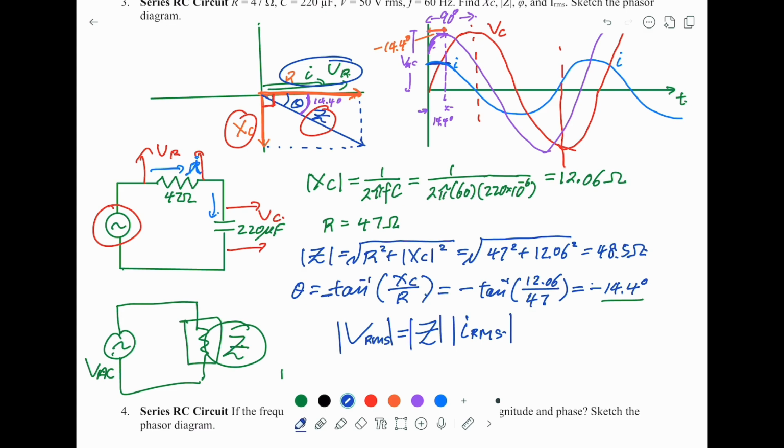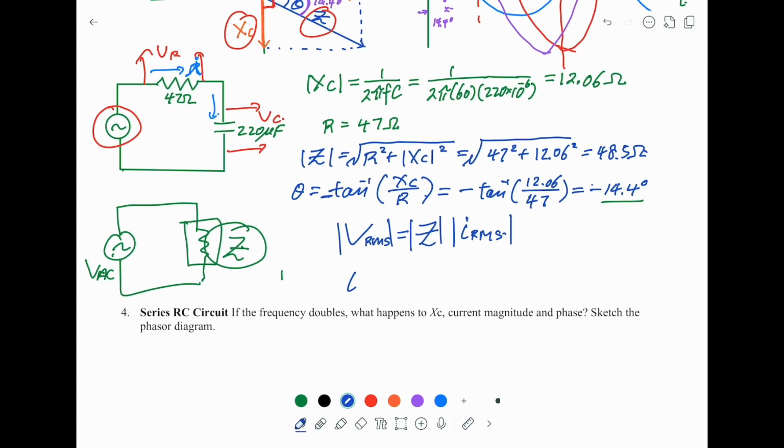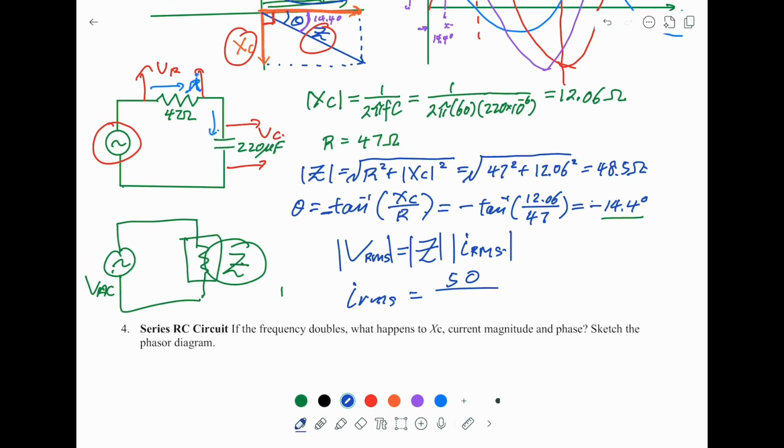Okay, so the I root mean square is equal to 50 over, let me double check, the square root of 47 squared plus 12.06 squared.